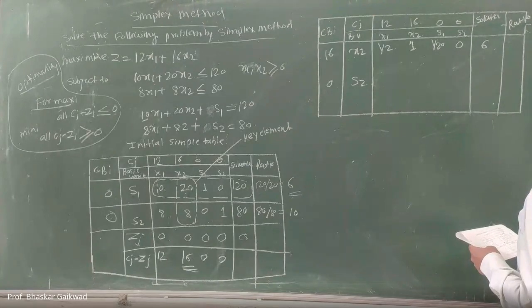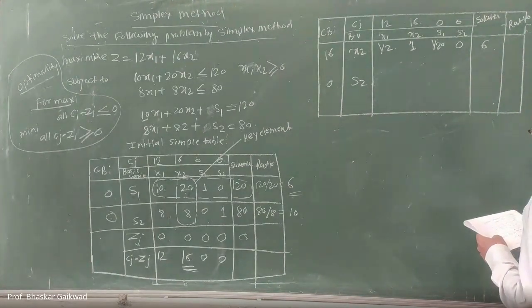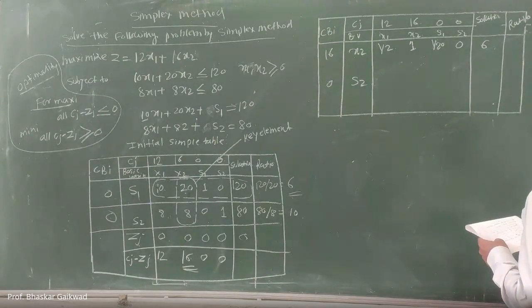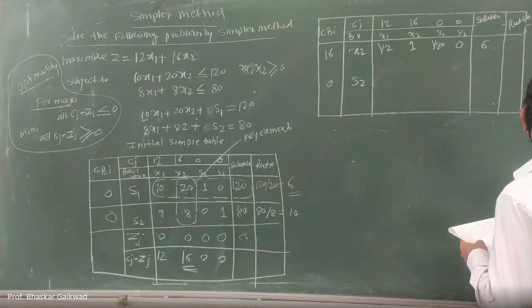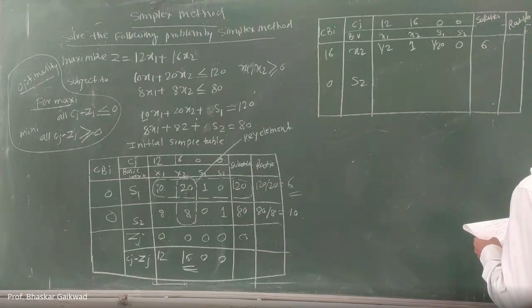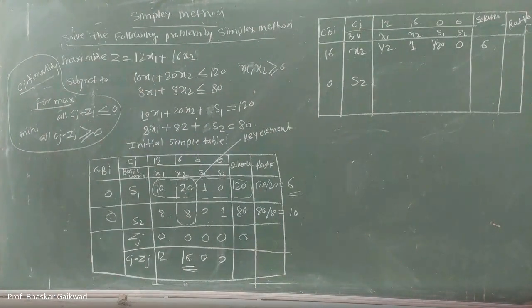New value equals old value minus corresponding column value times corresponding row value, divided by the key element. This formula you have to use for the next row, S2.